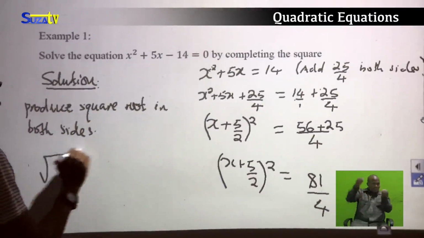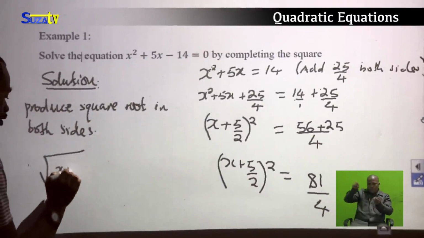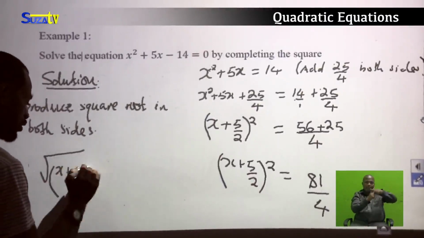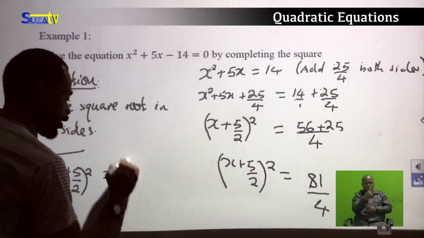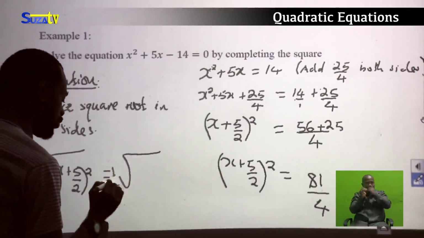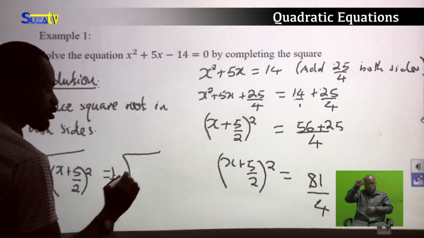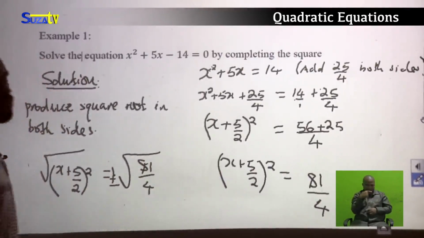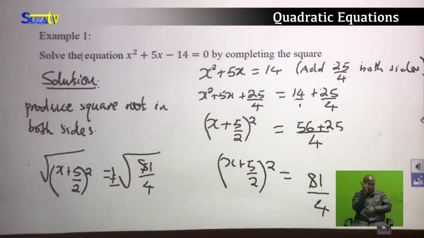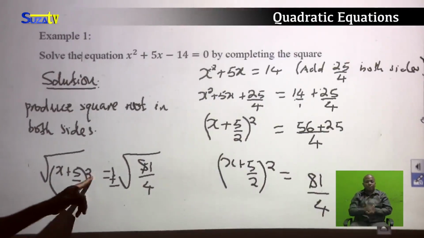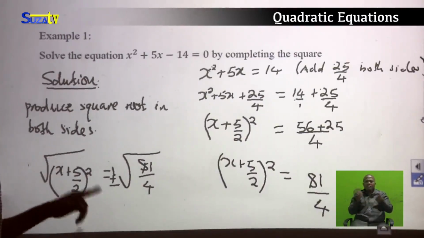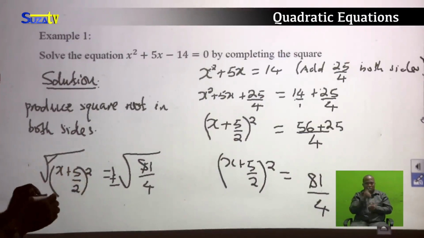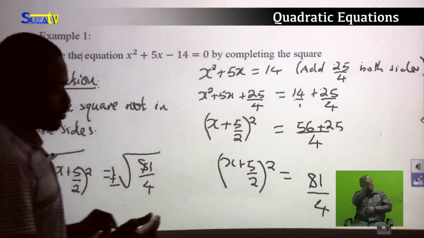So this means the square root of (x plus 5 over 2) squared is equal to plus or minus the square root of 81 over 4. The square and the square root are the reciprocal of each other, so they cancel.